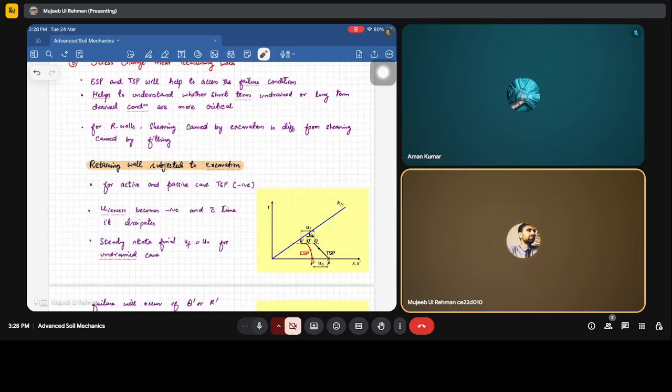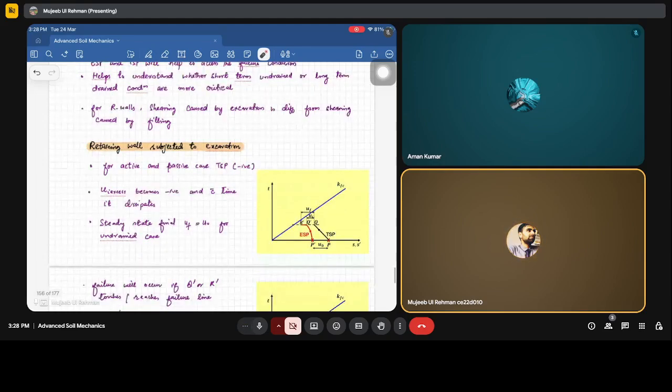Now, as I told you, in retaining walls we can have either excavation or backfilling, and the soil can shear or reach failure in different manners because the way the stresses are imposed on the soil sample will be different. We will take the first case, a retaining wall subject to excavation. For a retaining wall subject to excavation, for both the active and passive cases, the total stress path will be negative.